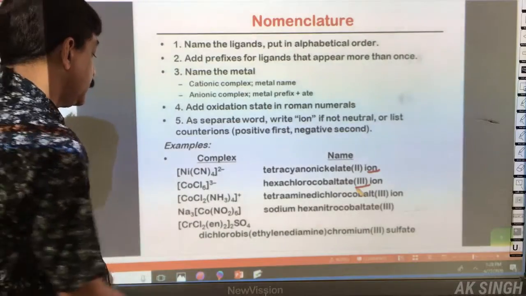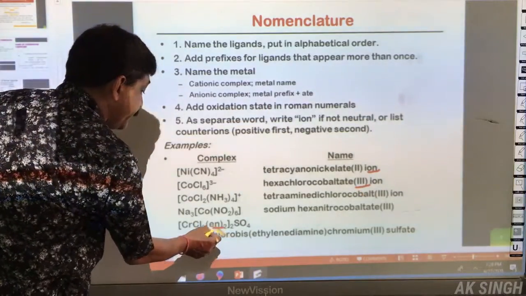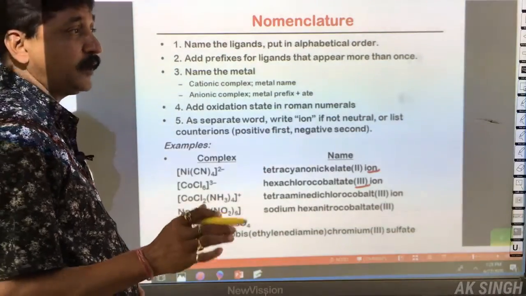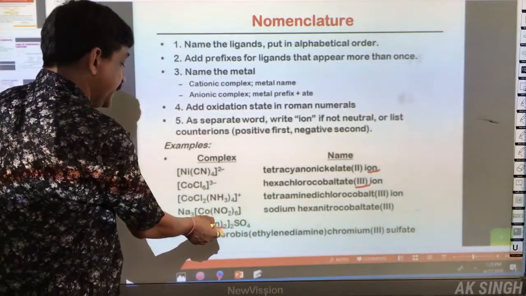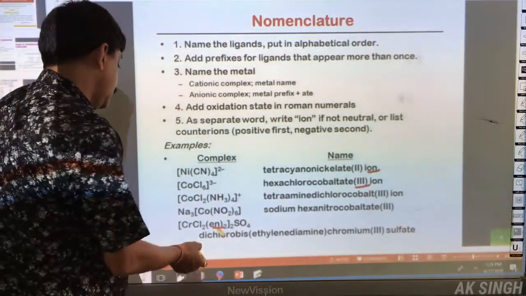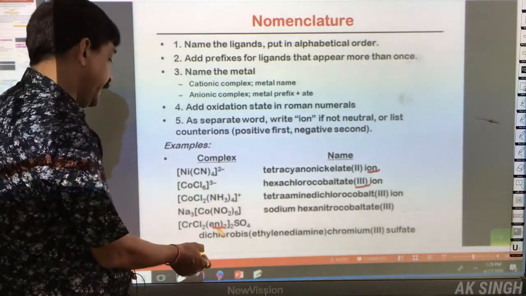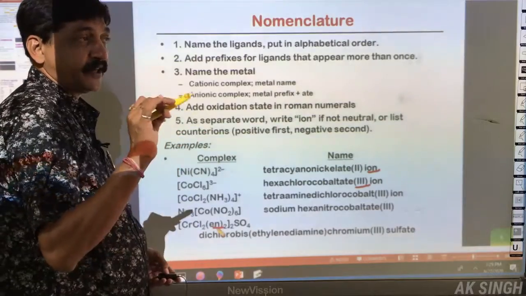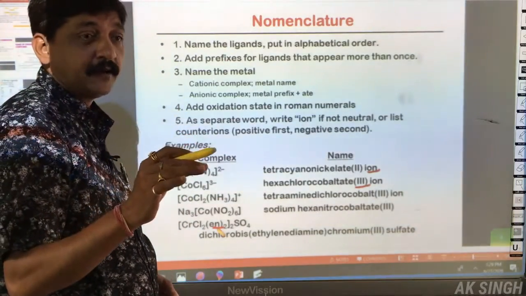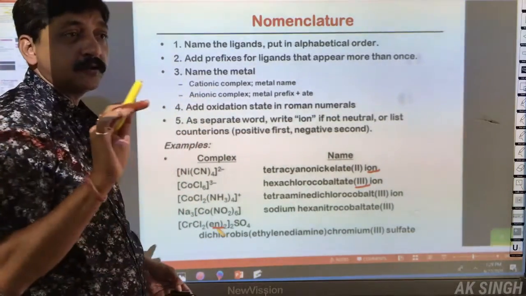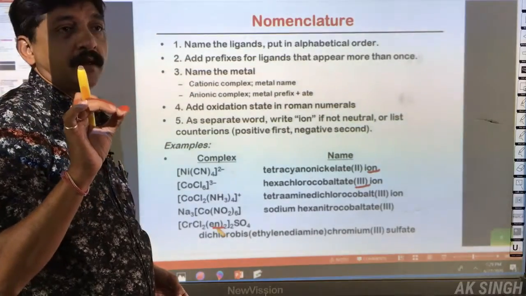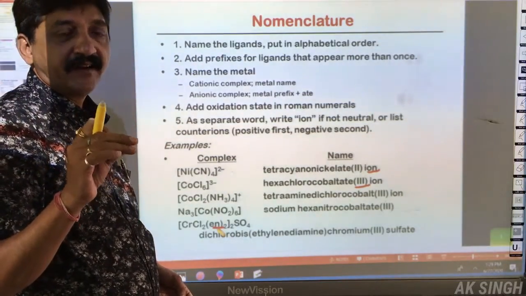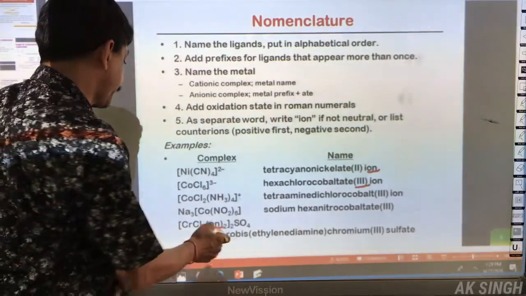The same applies here. Look at this example. En is ethylene diamine, ethane-1,2-diamine, represented as en. It is a neutral ligand. For bidentate, tridentate or polydentate ligands, we use bis for 2, tris for 3, tetrakis for 4.